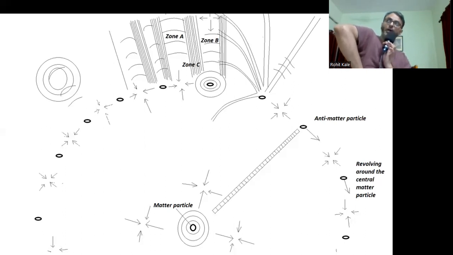So the rotation because of inertia doesn't apply to this particular sphere, because this is active spatial. This is basically the energy within the positive energy particle or the negative energy particle, which is basically pushing the lattice structure outwards. It's not because of inertia, it is because of energy, negative energy.